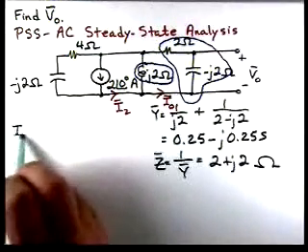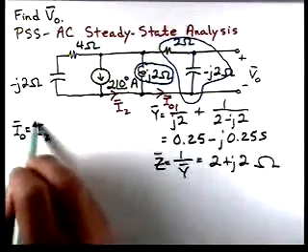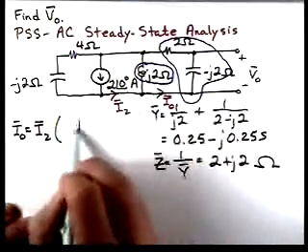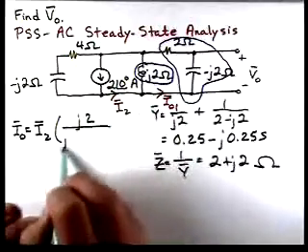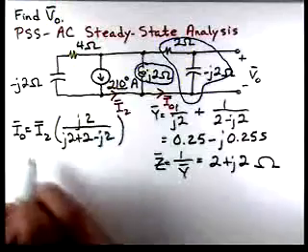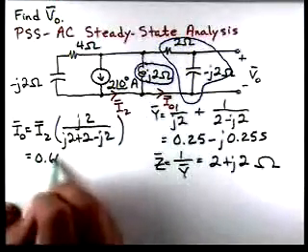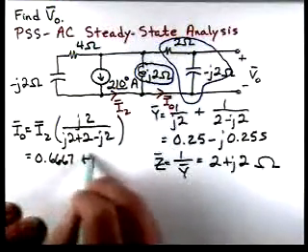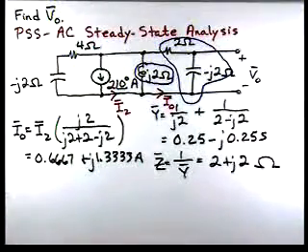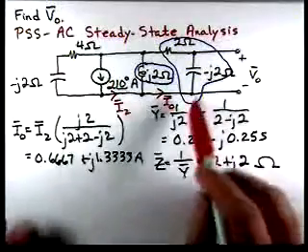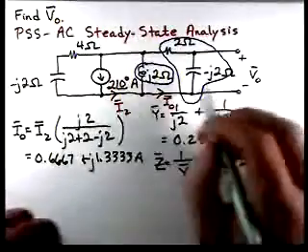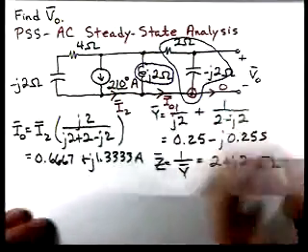I0 is I2 times, we want the current through here, so we're going to put the j2 in the top. And that gives us an I0 of 0.6667 plus j1.333 amps. So now we have the current which flows through this element, because if we apply KCL here, that's 0.